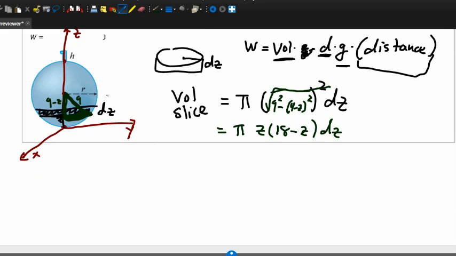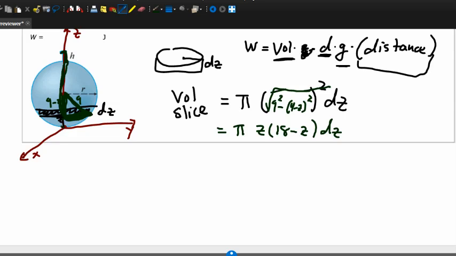Next comes the distance, how much we will move this slice up to the pumping opening here, the spout. So let's look at the distance. Here I have to move this slice starting from here all the way to here, right? So here I have the height h, which is 3 in my case, and then the rest of the distance from here to the top of the tank.